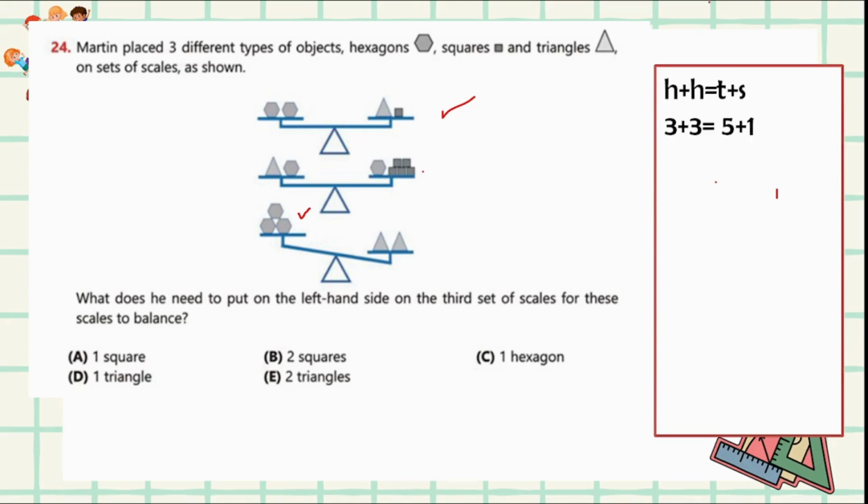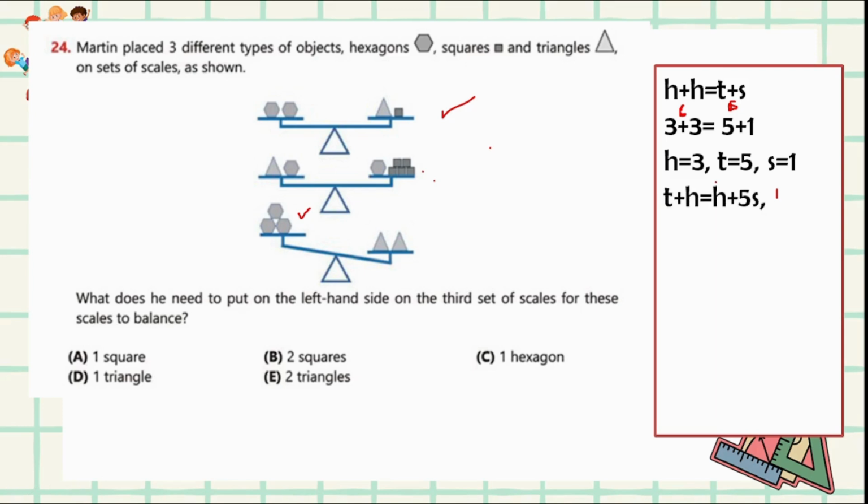Let's suppose the value of the hexagon is 3, triangle 5, and square 1. In that case, on both sides I will have 6 and 6. So I will write the values separately. Now I will go towards my second scale. It has 1 triangle, 1 hexagon, and on the right side 1 hexagon and 5 squares.